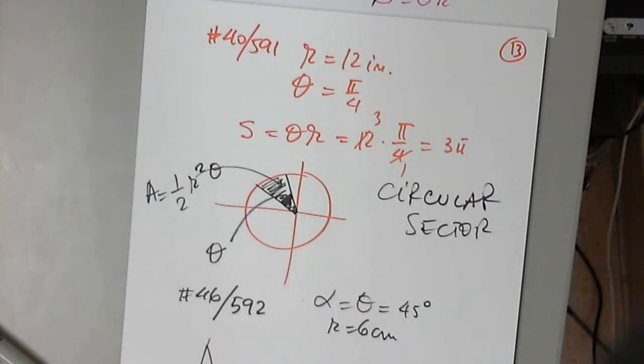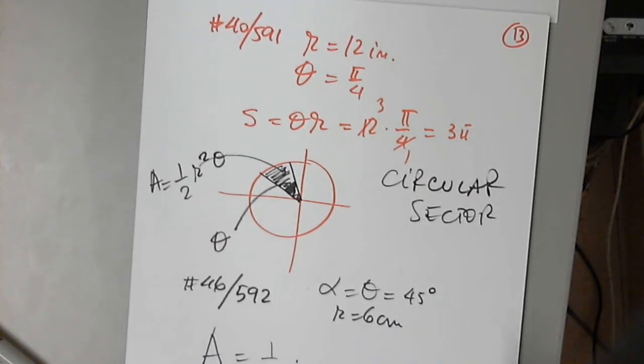How do we write this? 1/2 times the radius squared, which is 36, times 45 times 1 degree in radians.